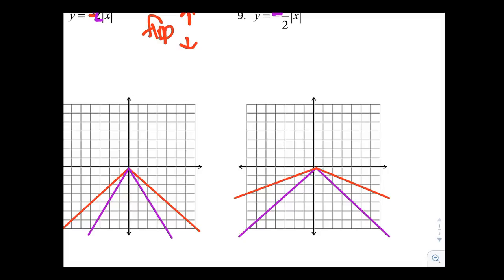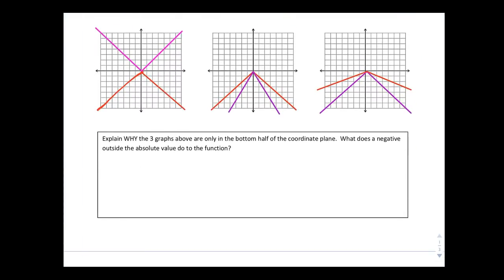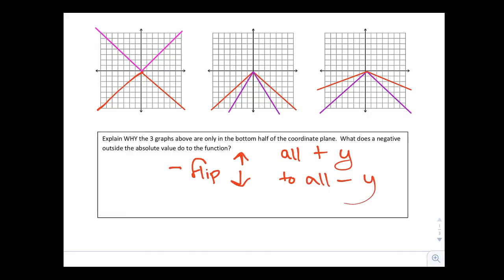So I get something that looks like that. So all 3 of the graphs are in the bottom half of the coordinate plane only because of that negative flip up and down, because we went from all positive x's, all positive y's, to all negative y's.